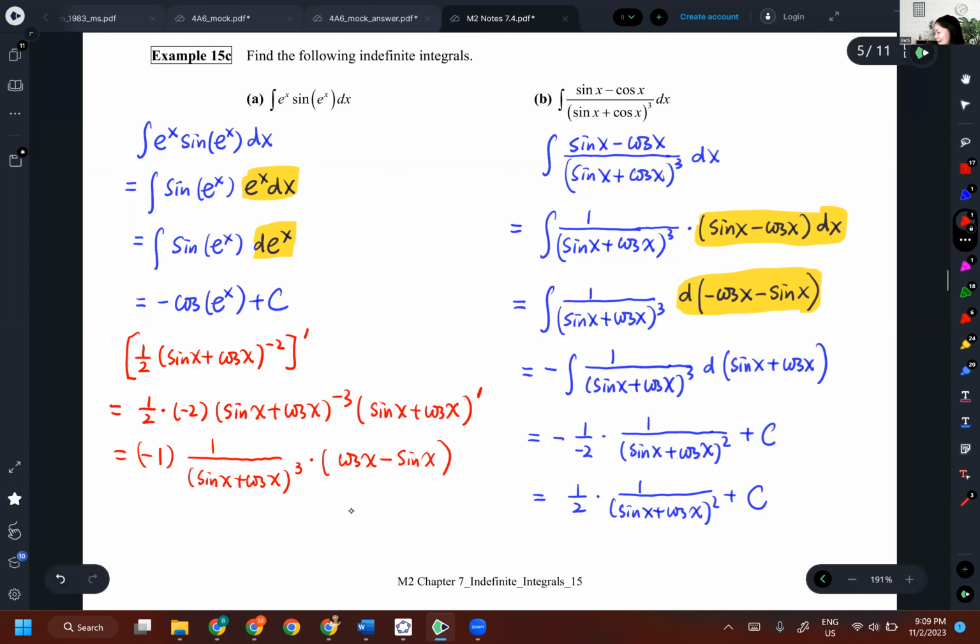I hope you can see that. At any point, if you think, oh, this is ridiculous, you can try to understand it, because if I take my answer here and do the differentiation, I will get the original function, you see?